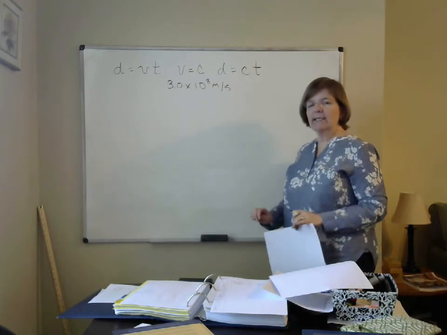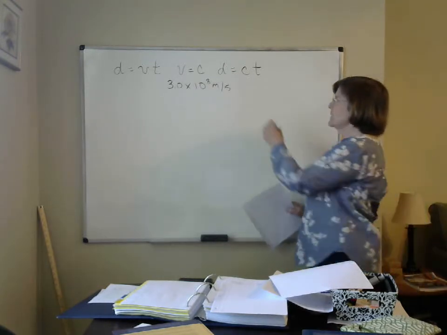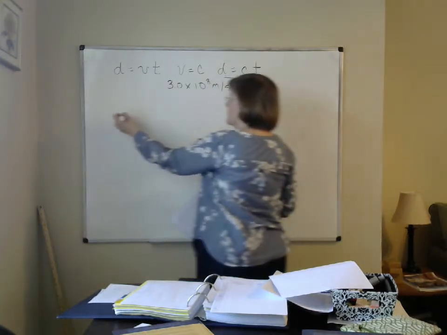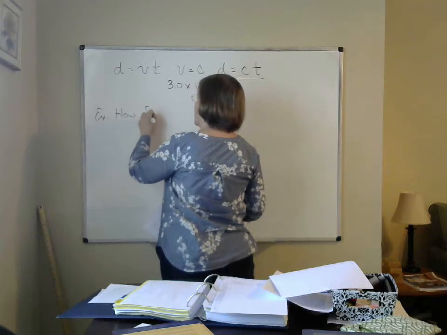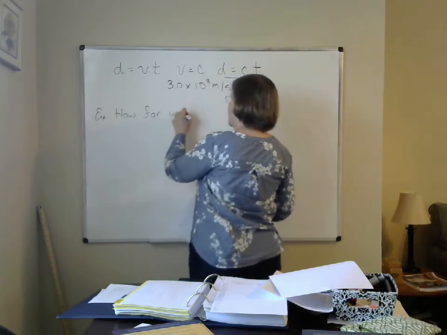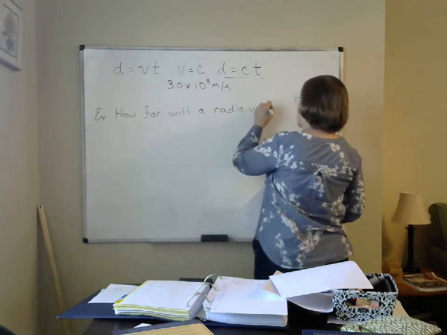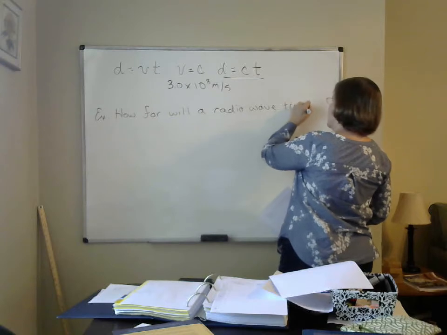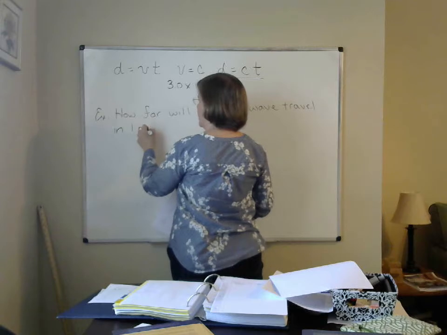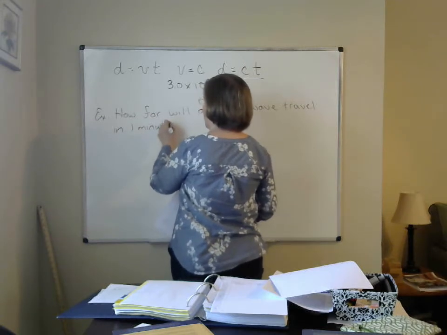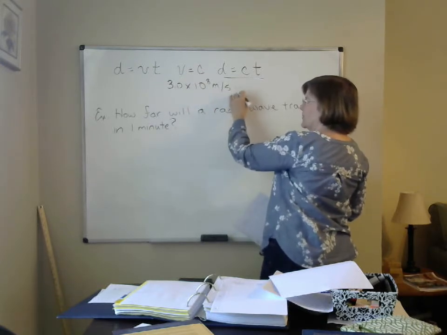The light you can see and the light that you cannot see. Okay? So we can find distance. So for example, how far will a radio wave travel in 1 minute? Well, we need to have our time in seconds because our speed is in meters per second.